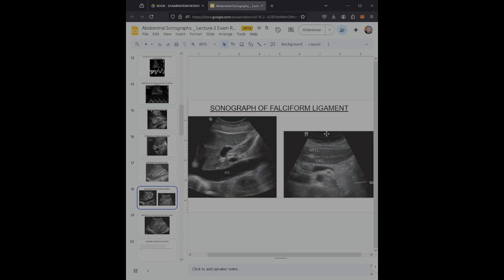And in our image in B, we can see the falciform ligament between your medial segment of the left lobe and the lateral segment of the left lobe.